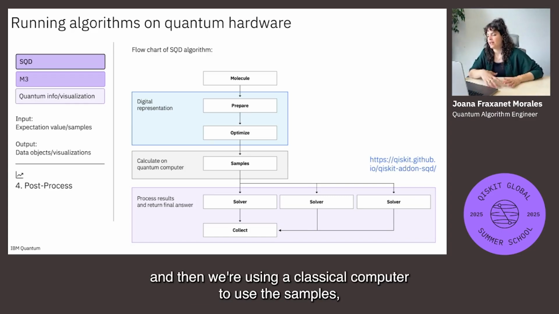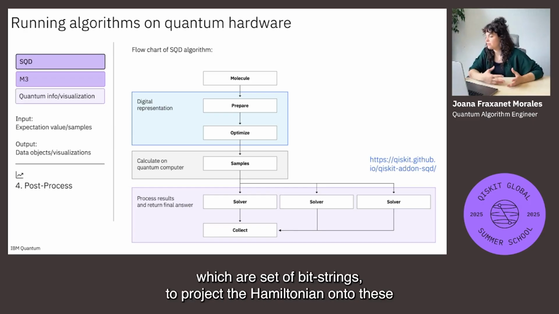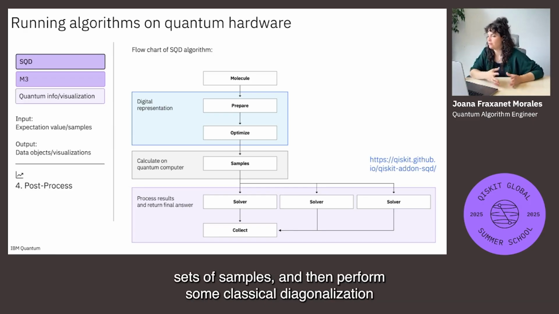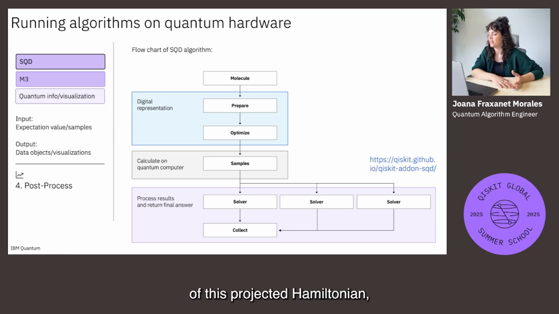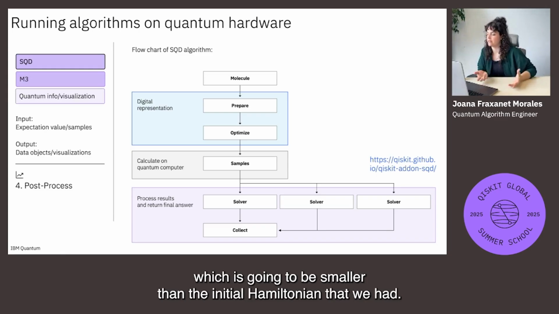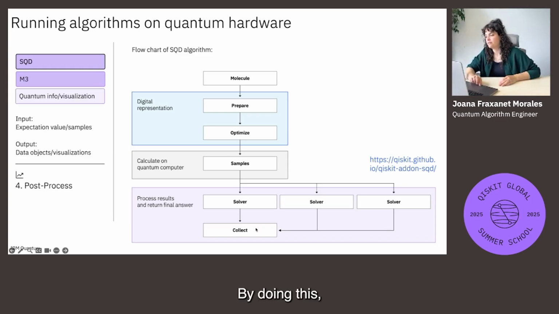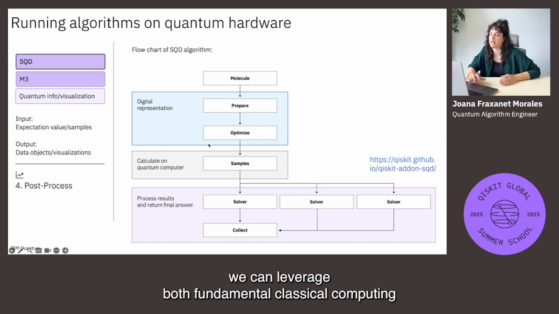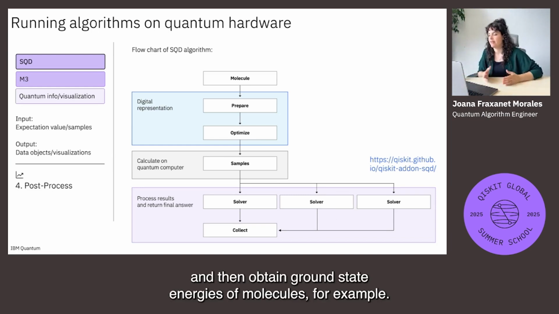And then we're using a classical computer to use these samples, which are sets of bit strings, to project the Hamiltonian onto these sets of samples, and then perform some classical diagonalization of this projected Hamiltonian, which is going to be smaller than the initial Hamiltonian that we had. By doing this, we can leverage both quantum and classical computing and then obtain ground state energies of molecules, for example.